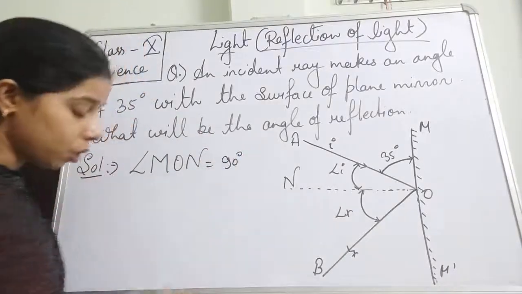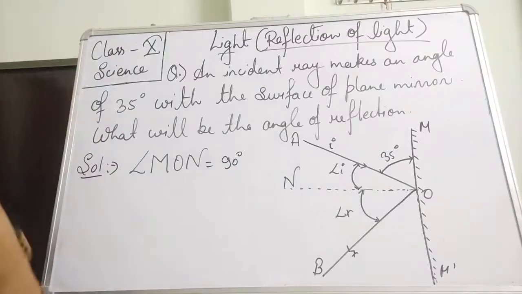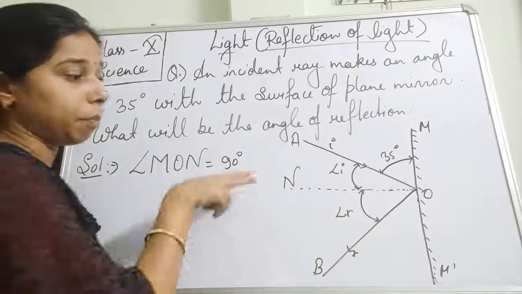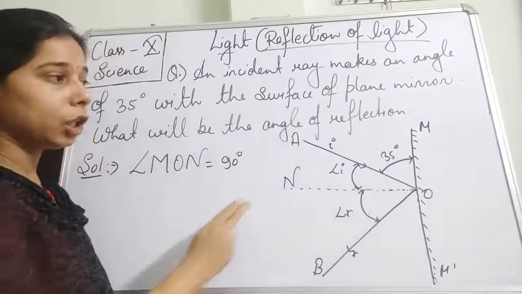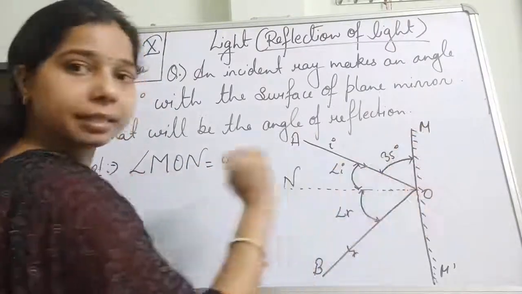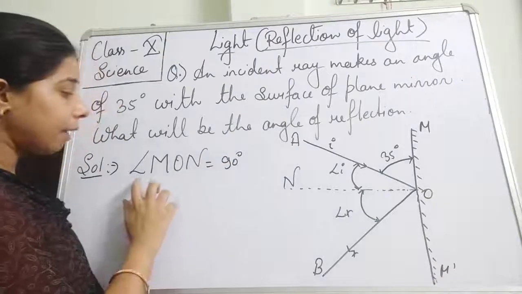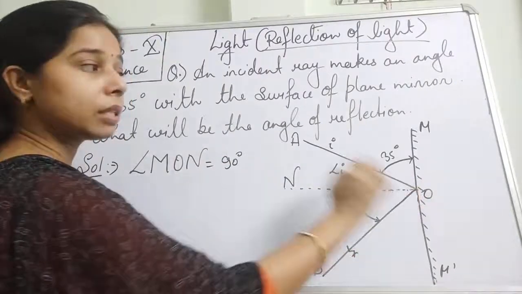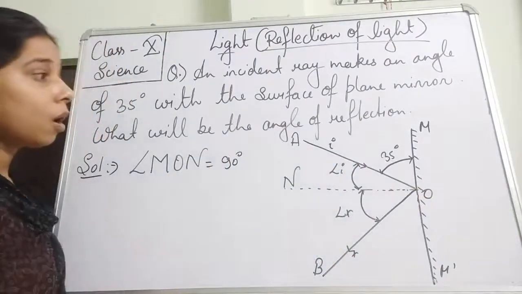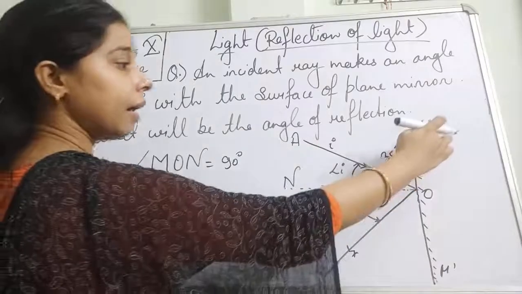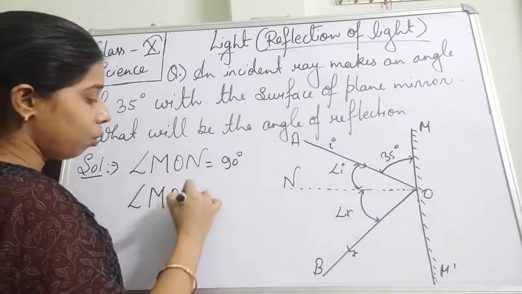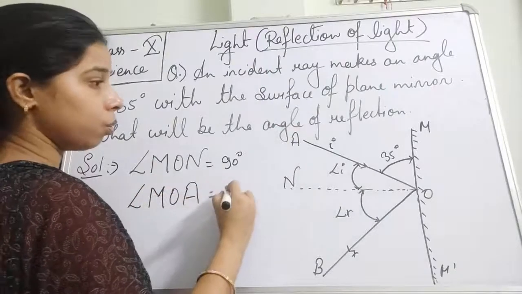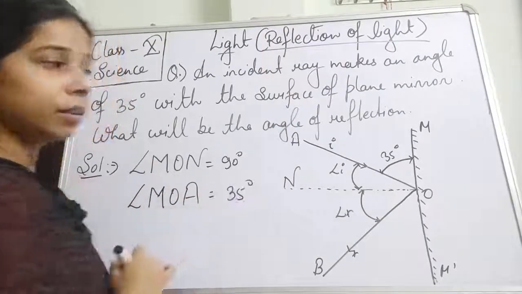Because the normal which is falling on the surface of the plane mirror is perpendicular. So the angle made by the normal with the mirror will be 90 degrees. So angle MON is equal to 90 degrees, and angle MOA is equal to 35 degrees.